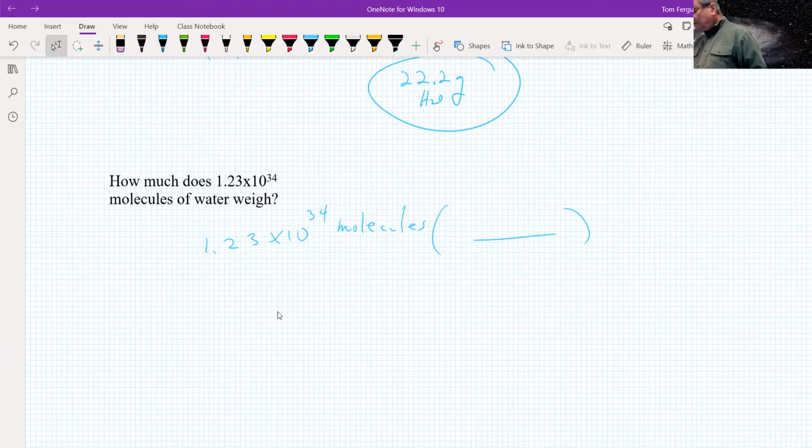So the first thing we need to do is, if in doubt, convert to moles. Everything's related to moles. You're in a physics class, a geology class, a chemistry class, a molecular biology class, it's moles, moles, moles. So how do we convert molecules to number of moles? What do we use?